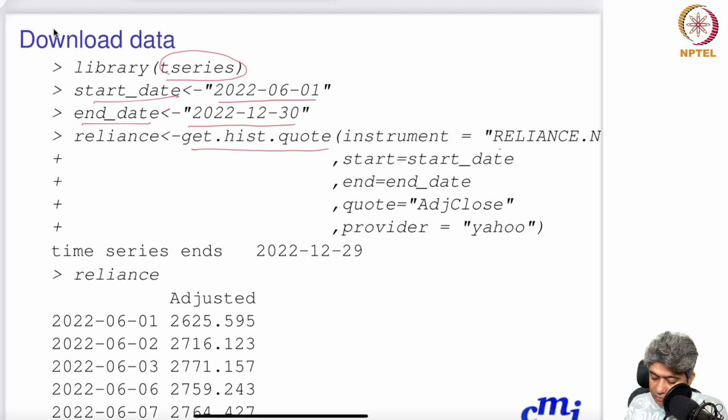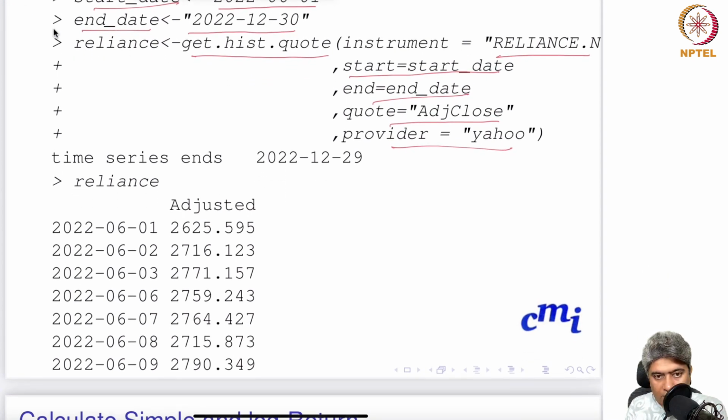If you just give RELIANCE.NS, then start date, end date, the adjusted close price, and provider equal to Yahoo, it will give you the data set for adjusted close prices of Reliance Industries for these 6 months.